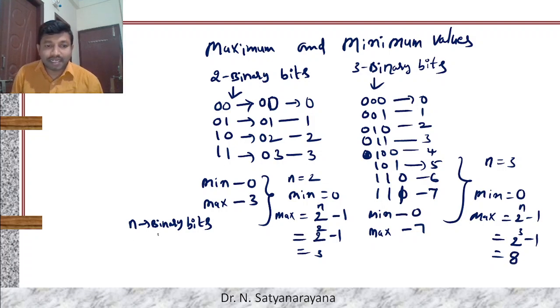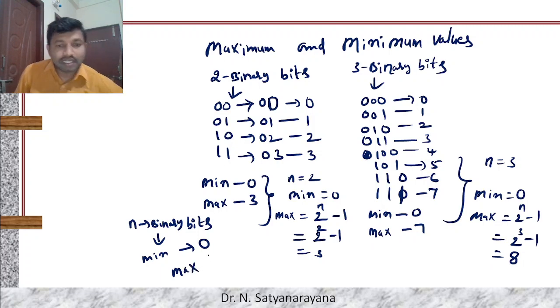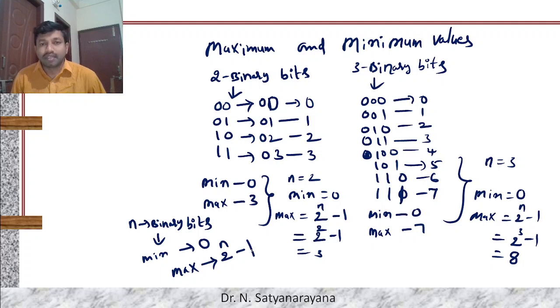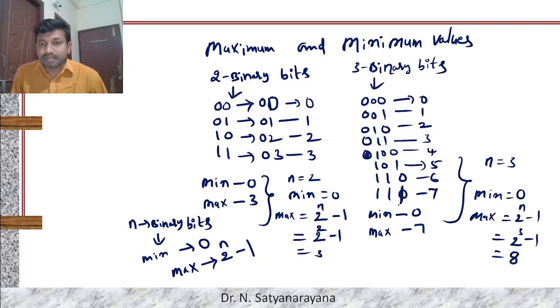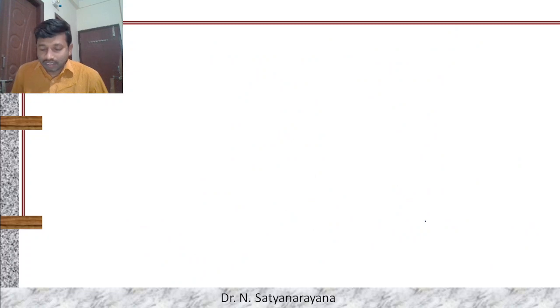If I have n binary bits, the minimum decimal value that can be represented is 0, and the maximum decimal value that can be represented is simply 2 power n minus 1. Fine. Let me remove this and let us know the sizes of the integers and also characters.